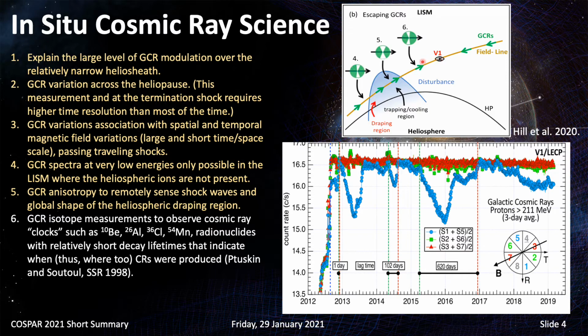And this would allow for the anisotropies to take place even when the shock is not at Voyager 1. And this is important because we do see that the anisotropy episodes don't coincide with the in situ measurement of the shocks.